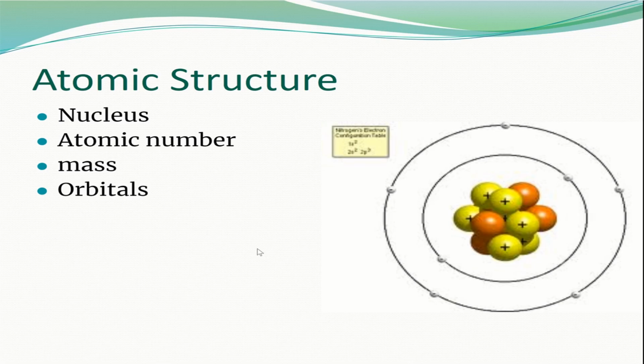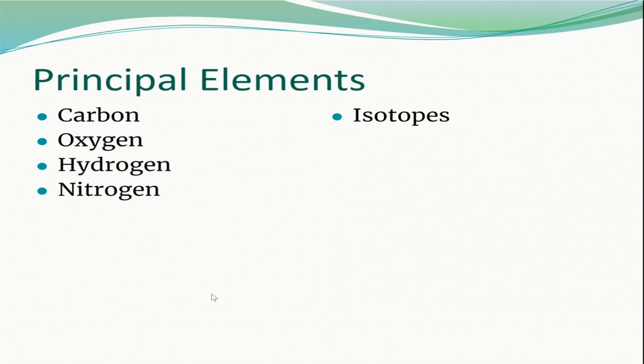So you should be familiar with atomic structure. We have a nucleus with protons and neutrons, and then we have electrons in the electron cloud. And there are the principal elements that we're going to use in any organic molecule: carbon, oxygen, hydrogen, and nitrogen. Those are the big ones that we see show up all the time in organic molecules.